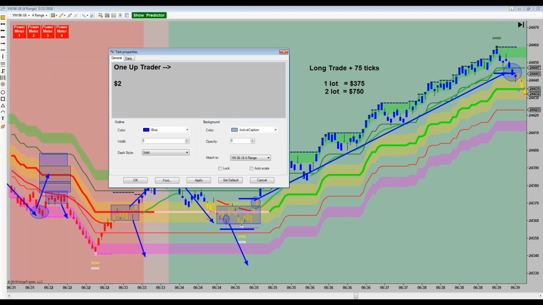So for the 25K account, let's just put this up here so we remember it. It's really important to remember. You want to get $1,500 net profit in 15 trading days.